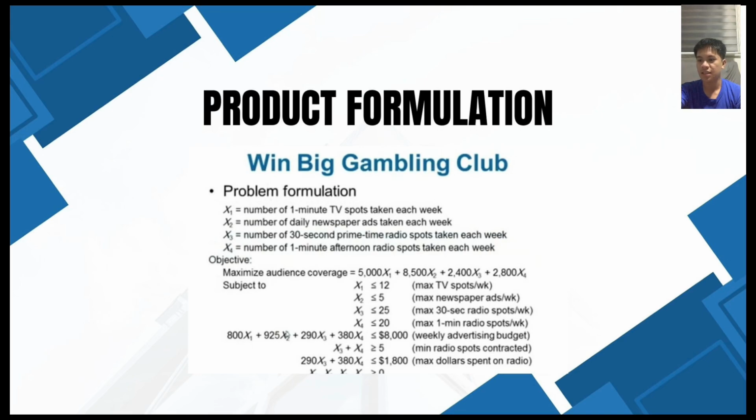Then next is x sub 3 plus x sub 4 is greater than or equal to 5, meaning the minimum radio spots contracted. Then 290 times x sub 3 plus 380 times x sub 4 is less than or equal to $1,800, the max dollars spent on radio. And x sub 1, x sub 2, x sub 3, x sub 4 is greater than or equal to 0.